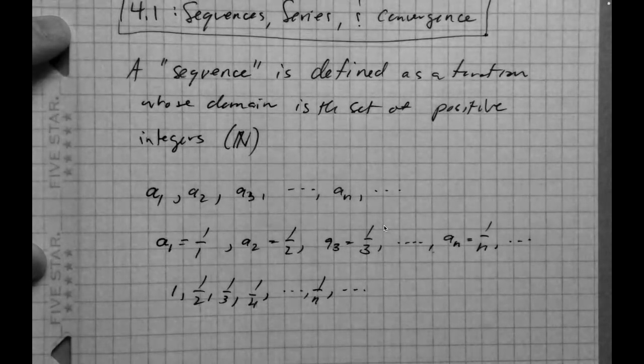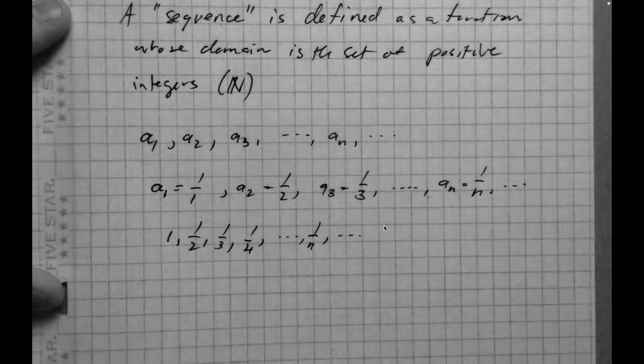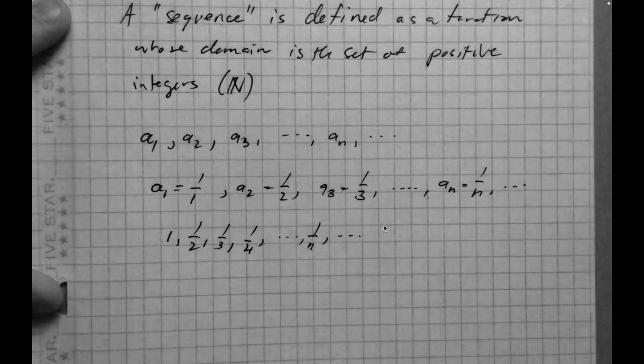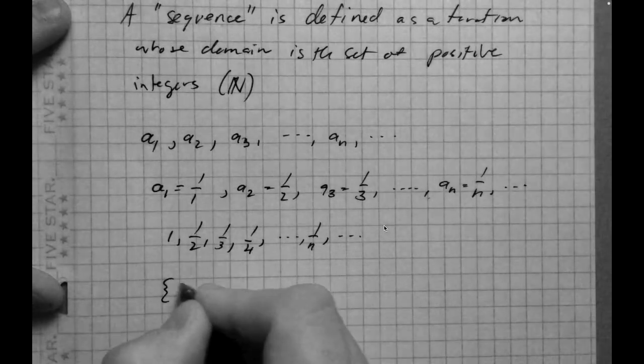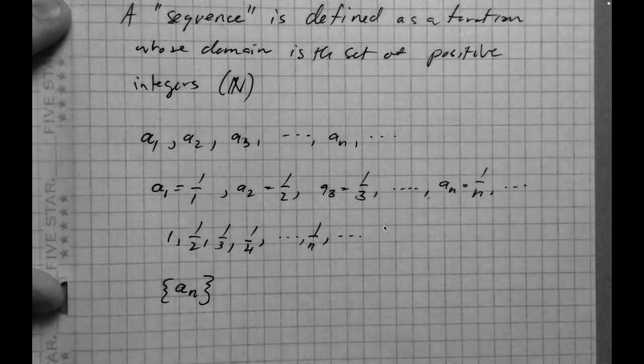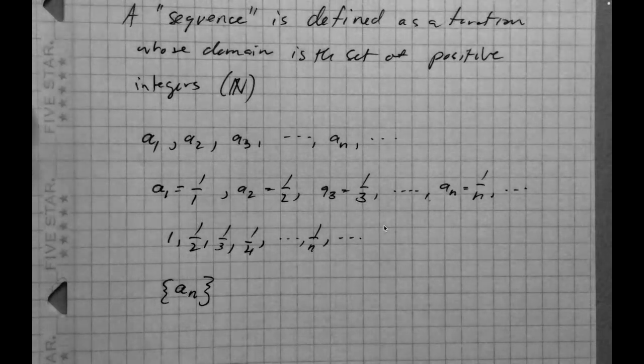Now, if we want to represent the entire sequence in a more compact way, there are different ways to do it. One way is to use brackets with the sequence inside of it, like {a_n}.